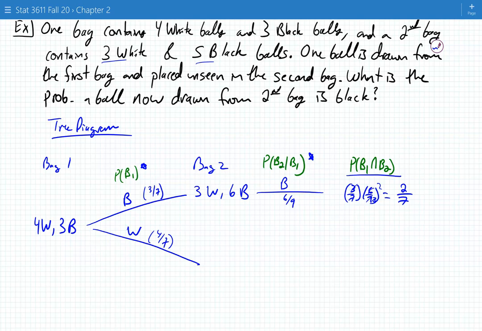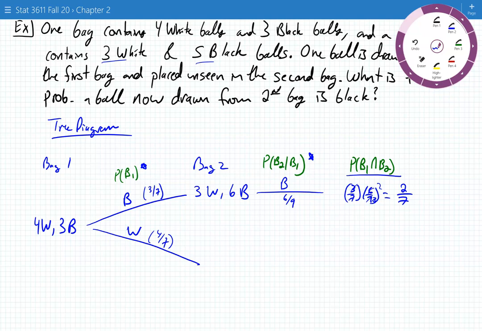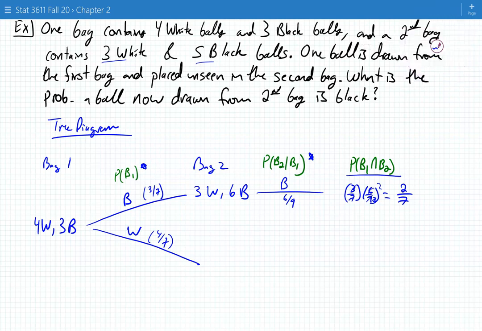All right. Now, of course, in this scenario, we have 2 disjoint cases, getting a black ball first or a white ball first. So let's just finish this one out. If we got a white ball first, what does the second bag contain? Originally 3 white and 5 black. This would now be 4 white and 5 black. And so then the probability of getting a black ball here would be 5/9. And so again, looking at this, this is the probability of getting a white ball in the first case.